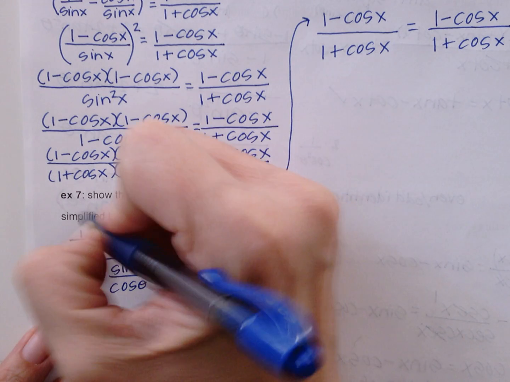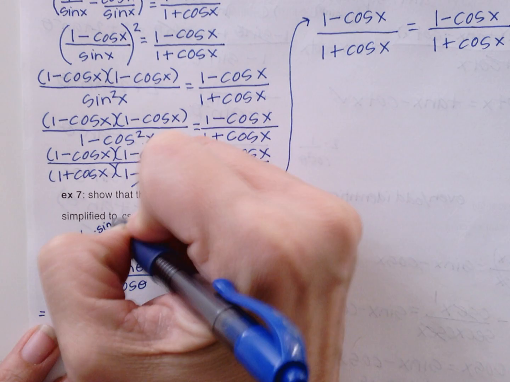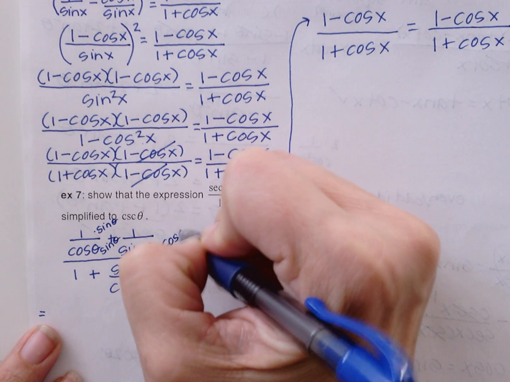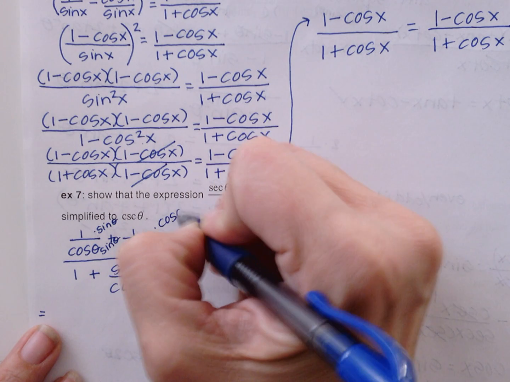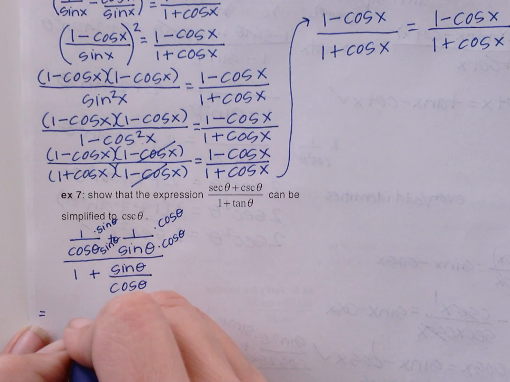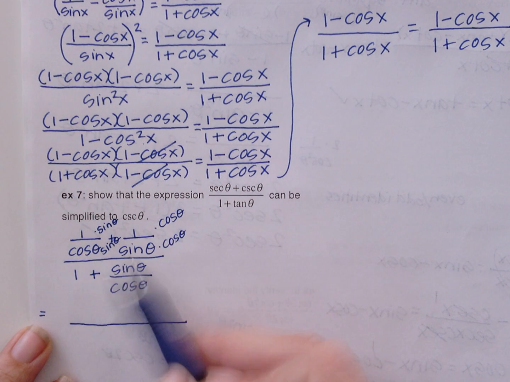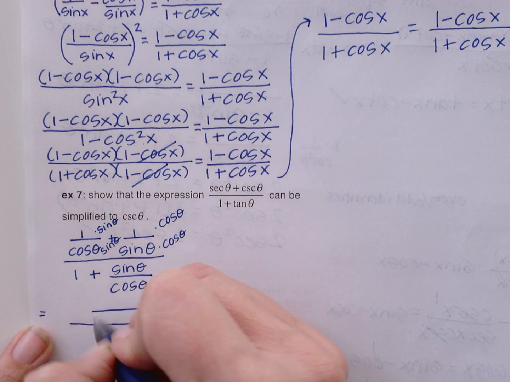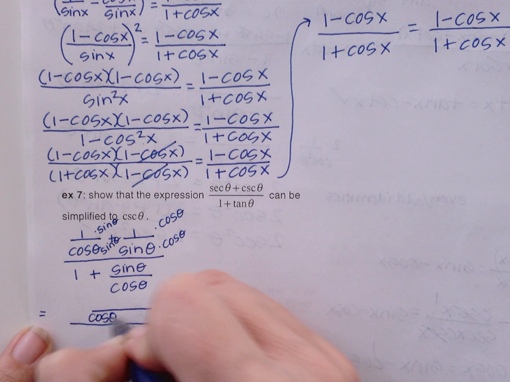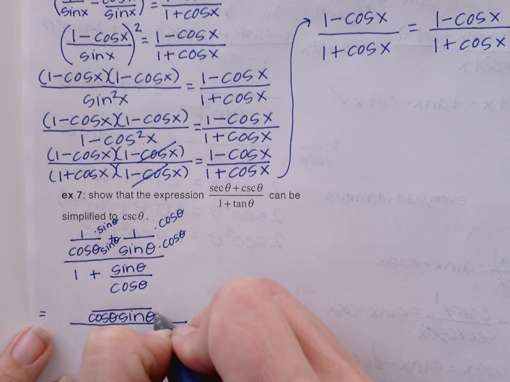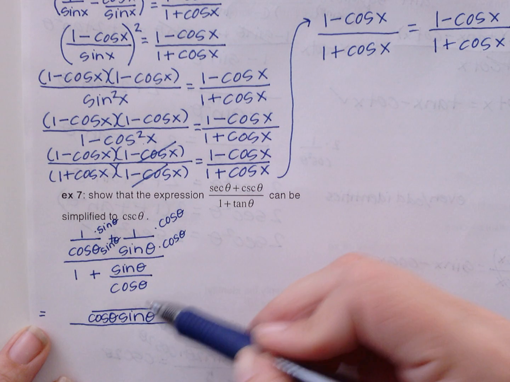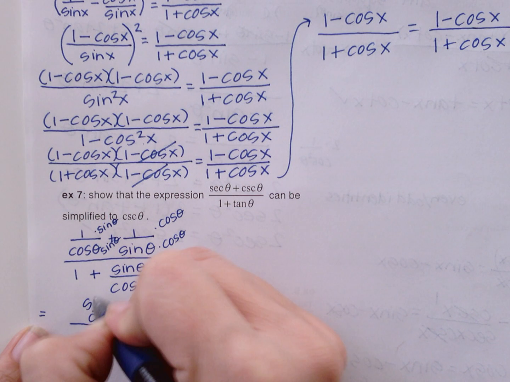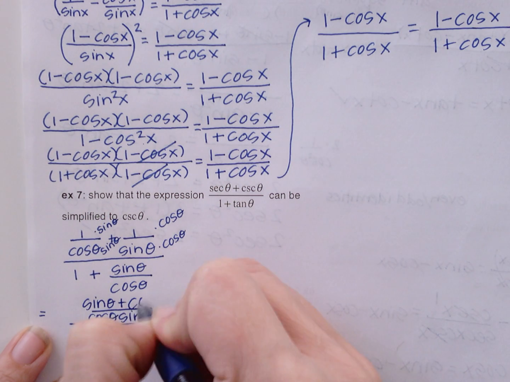So here, this one would need a sine theta, cosine theta, cosine theta. I don't have squares, but that's okay. So in the numerator of this fraction, I am going to have a common denominator of cosine theta, sine theta. In the numerator of the numerator, I'm going to have sine theta plus cosine theta.